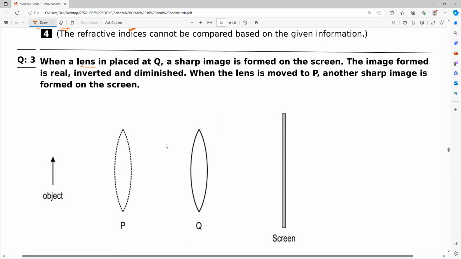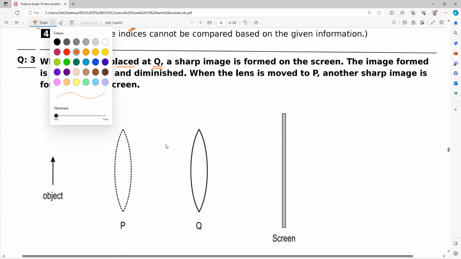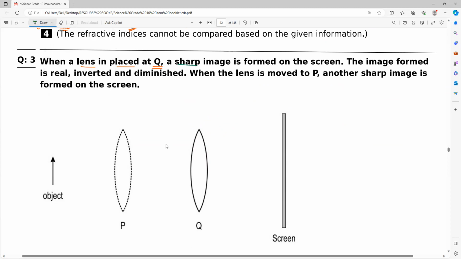So when a lens is placed at Q, a sharp image is formed on the screen. From this sentence, you will understand something. Can you tell me, anybody? A sharp image is formed on the screen, means in the sense you are going to get something. Anyone? A sharp image forms.